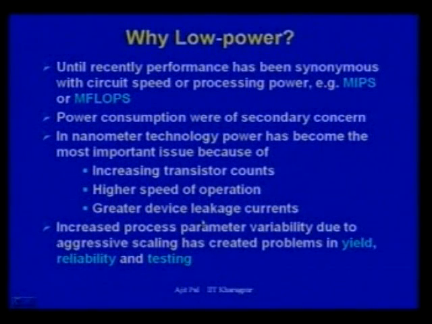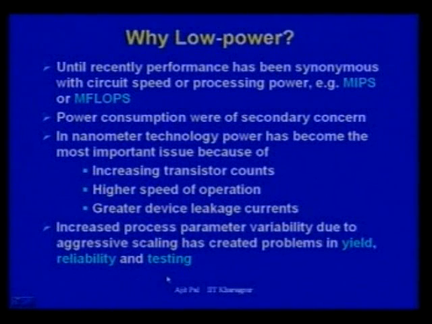Lastly, increased process parameter variability due to aggressive scaling has created problems in yield, reliability and testing. What has happened is that whenever the dimensions become smaller and smaller, a small variation in the fabrication process leads to a large variation in the parameters of the device.